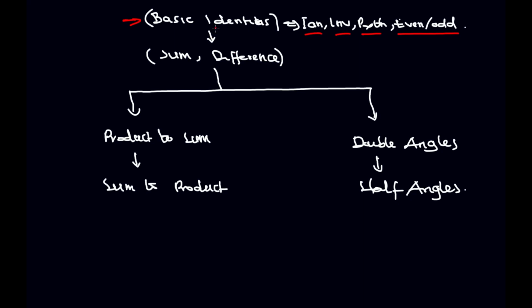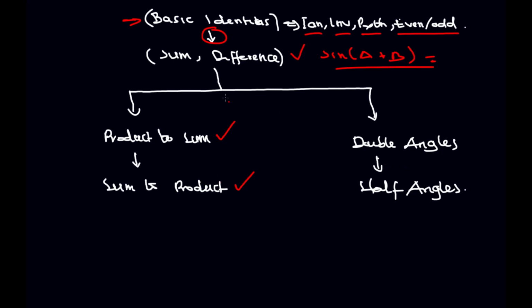Then from these basic ones, we see that they gave us the sum or difference ones, like a plus b gives you something. Then from this, we saw that we can actually build the product to sum, and then we can also build the sum to product. These were very important identities. You saw how we were using them to prove our identities.